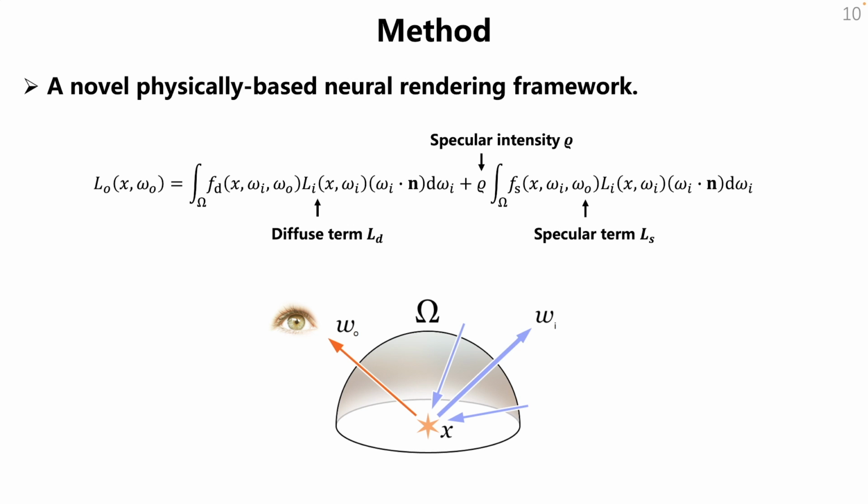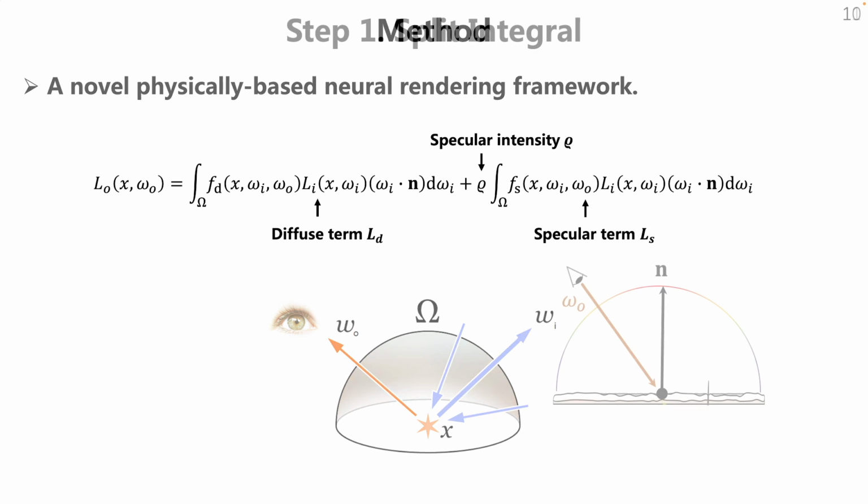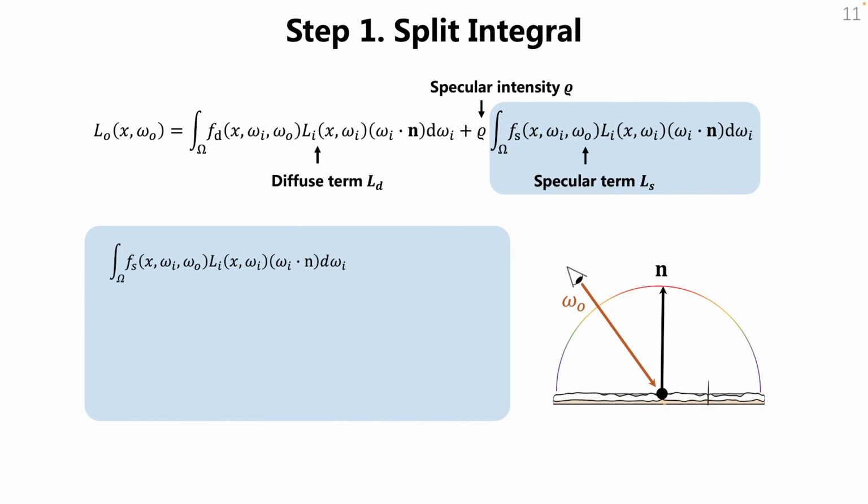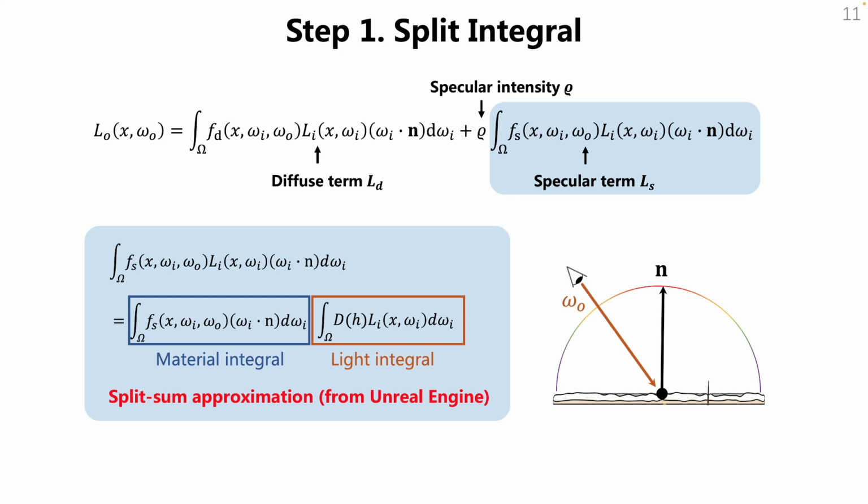Facial appearance modeling can be formulated as shown, where the equation consists of a diffuse term LD and a specular term LS. The specular term LS is intractable to solve due to the view-dependent characteristic. To accurately capture the spatially varying BRDFs and avoid performing heavy Monte Carlo sampling, we leverage the split integral approximation technique from Unreal Engine, and the specular term can be decomposed into material term and light term, which are solved individually in the subsequent.